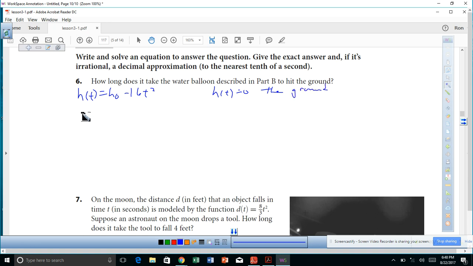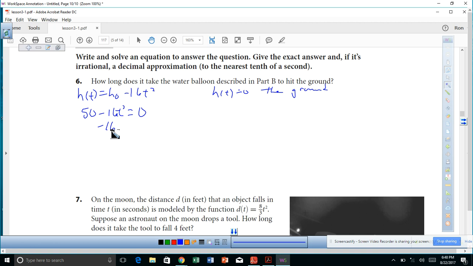So what do we got here? So we've got 50 minus 16t squared equals 0. So we're going to subtract 50 from both sides.